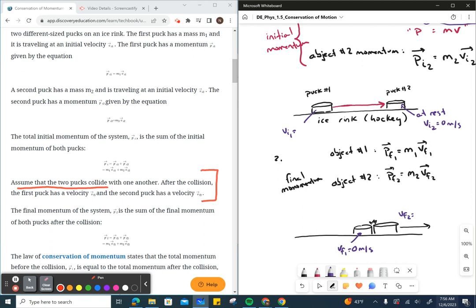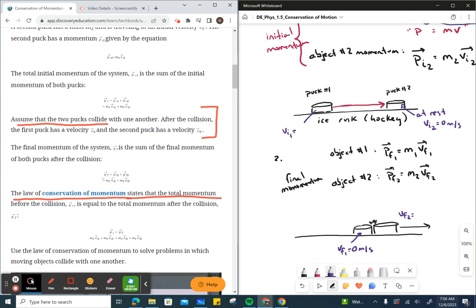We're trying to establish this idea of the law of conservation of momentum, that states that the total momentum before the collision is equal to the total momentum after the collision. Okay?